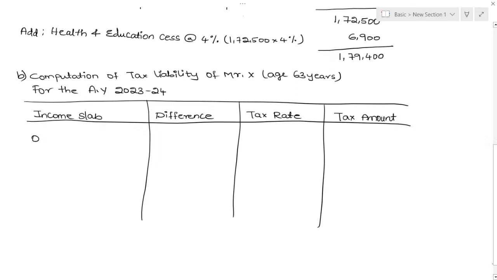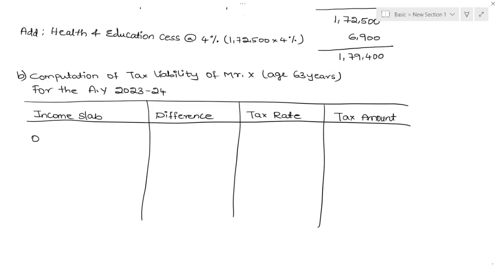Right? Let's understand. What is the age? Age is 63 years. So is he a super senior citizen or senior citizen? He is a senior citizen. So for a senior citizen, what are the rates? 0 to 3 lakhs rupees. Okay. Let's write down.